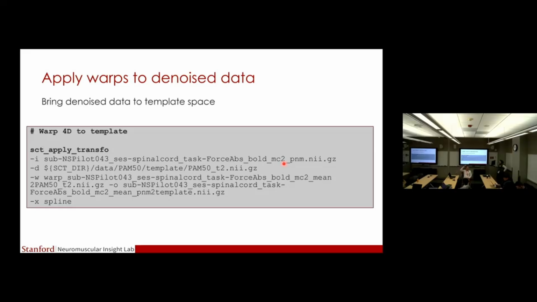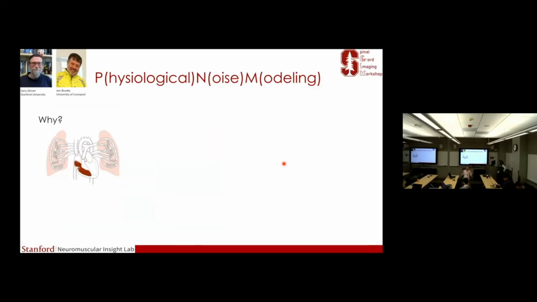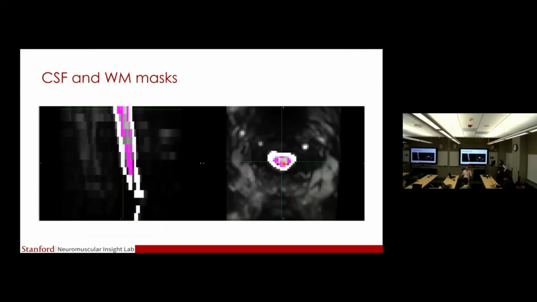But would it be? I think Merve mentioned this though. Like, let's say we had 3 by 3 millimeter in plane resolution. Not that we want to do that. Can you accurately register that to the template? You think? Or is it too low of resolution to register to the PAM50 template? And is there an advantage to a 1 by 1 in plane resolution? You probably can more accurately register to the template.